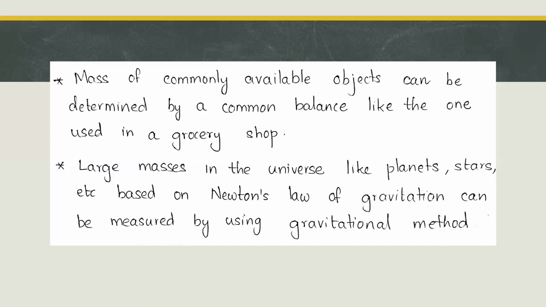To measure them, they use Newton's law of gravitation, that is based on gravitational methods. You know Newton's law of gravitation: force between two objects in the universe is directly proportional to the product of the masses and inversely proportional to the square of the distance between them. So we know that F is equal to capital G m1 m2 by r square.